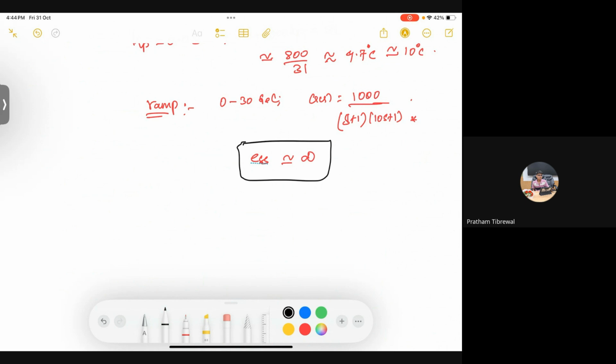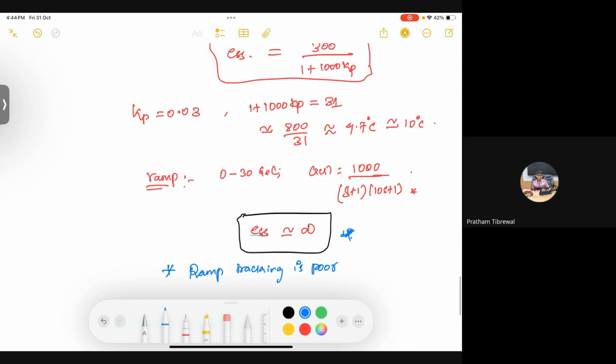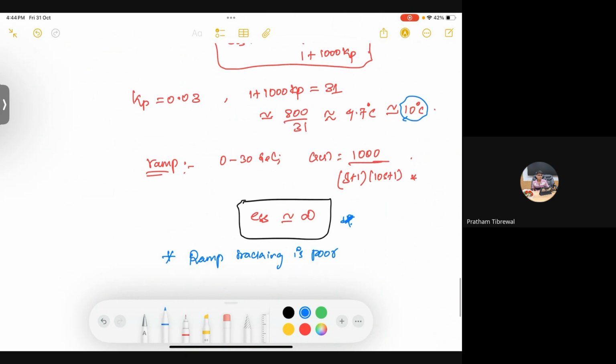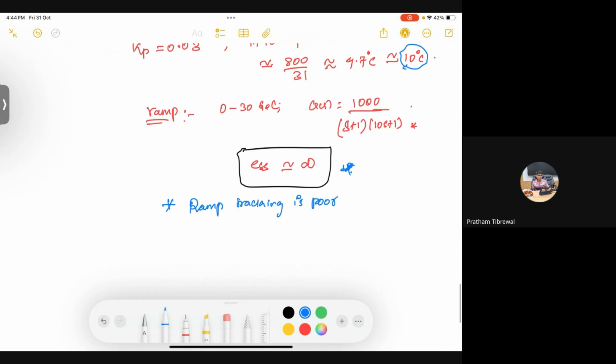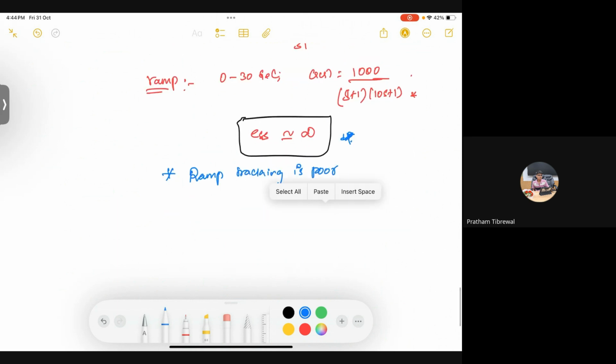So considering this, your ramp tracking is poor. I don't want any infinite steady state value. This is very bad. Here I'm getting some finite number, not close to 30 degrees Celsius, but I still need to improve on it, and the tracking error is very poor.